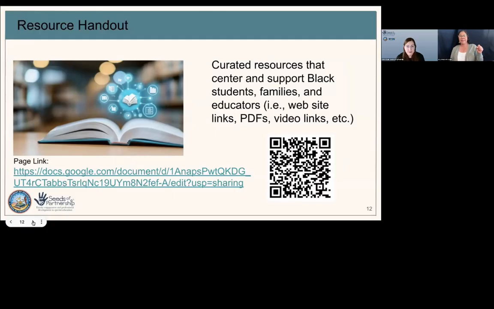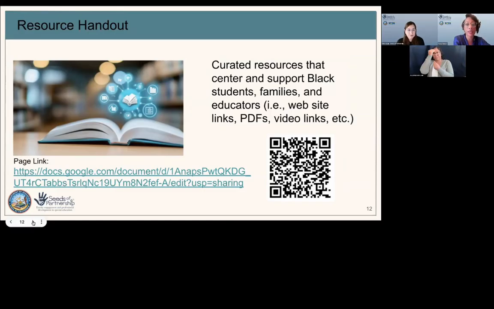Yes, we've put together a powerful compilation of information that has been given to us and collected from California Department of Education, California Department of Social Services, as well as national and international bodies of work that we think would be really helpful in reinforcing the conversation that we had today. Equally important, we want to lift up and amplify the work that is being done by our panelists. You will see information in the resource list about their work as well.